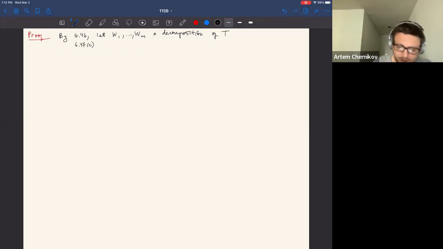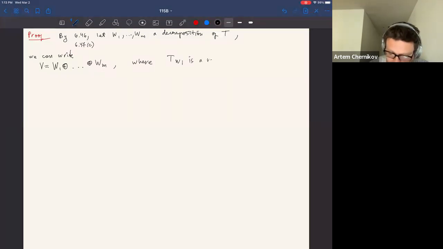Okay. So by these results, we can write that V is equal to W1, direct sum with W2, etc., direct sum with Wm, where we have additionally that T restricted to Wi is a rotation for all i less than m.